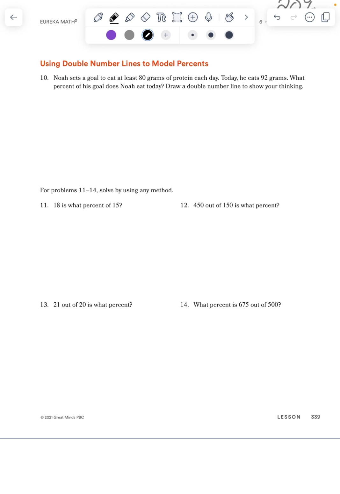All right, so number 11, it says that we have 18 is what percent of 15? So again, we're looking for the percent. So it's 18 over 15. To find the percent of that, I know that both of these are divisible by 3.